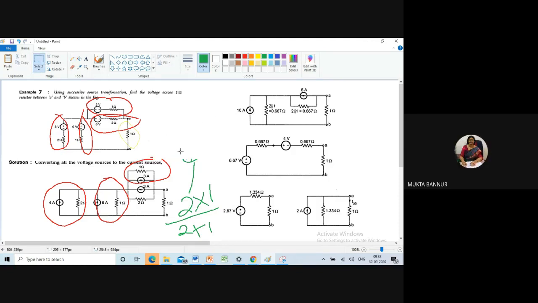0.667. Okay, that is 2 divided by 3, right? Okay, here he has solved it. Note.